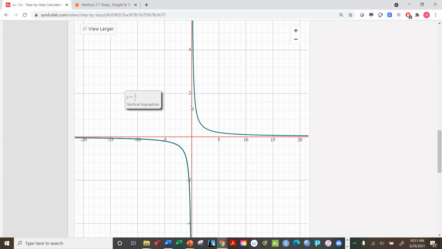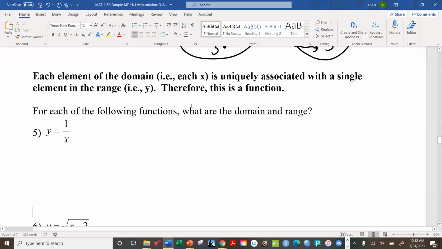It will also never quite touch the vertical axis, the vertical asymptote. So it has two asymptotes, as they're called. These are lines or numbers that the function converges to, but never quite actually reaches. So therefore, we cannot have a value of x equal to 0 or a value of y equal to 0. Okay, so we would conclude from all this that the domain is basically all values except 0.